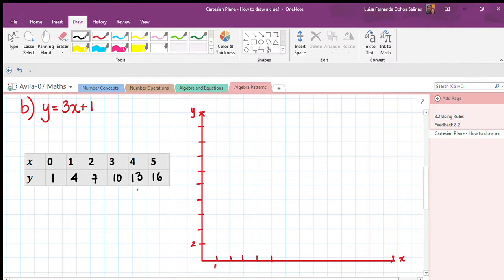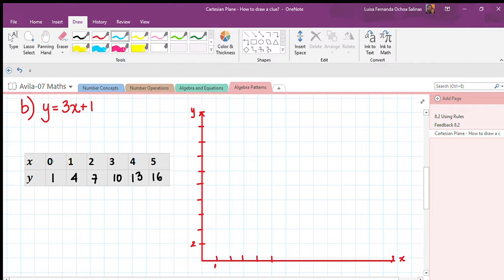Perfect. Okay, good. So as I said before, I can plot these points. But before we go into that, I want you to notice something. What we have been working on in this unit so far is that you have the table and you have to find the rule. And how do we find the rule? We find consecutive numbers, right?